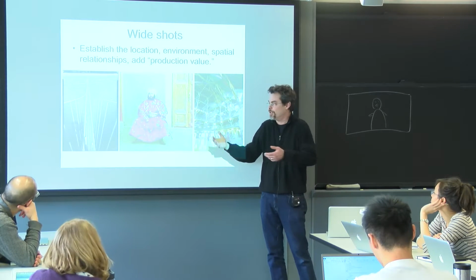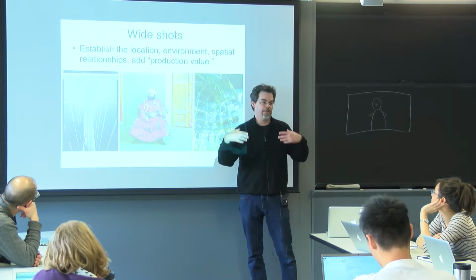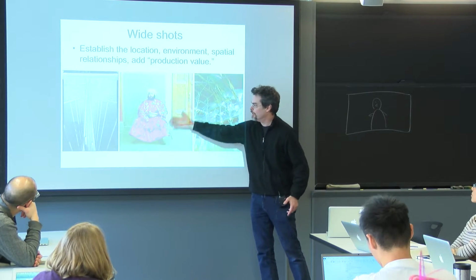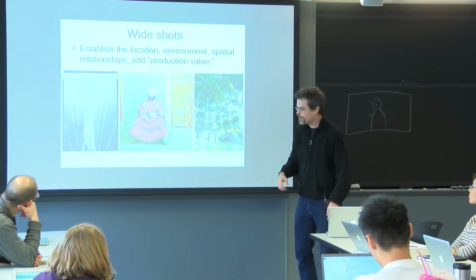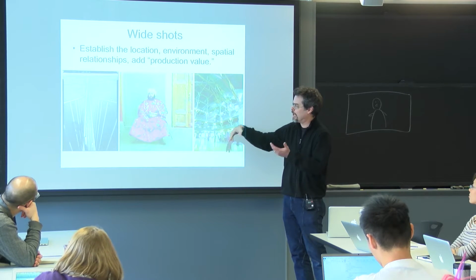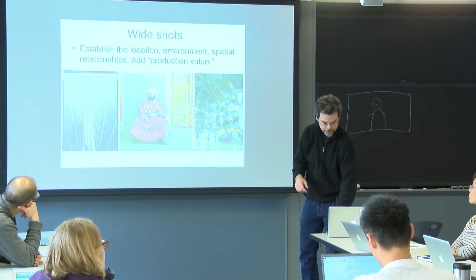If this was a video, I might also want a close-up when I started to hear about him and learn about who he was. But boy, this is great. How could you miss that? So again, showing environments, getting production value, establishing characters and relationships in space.